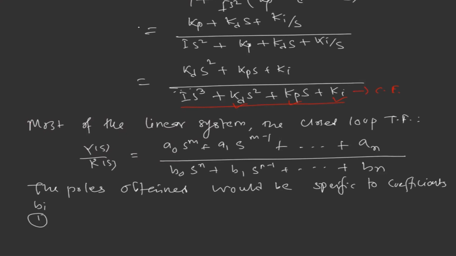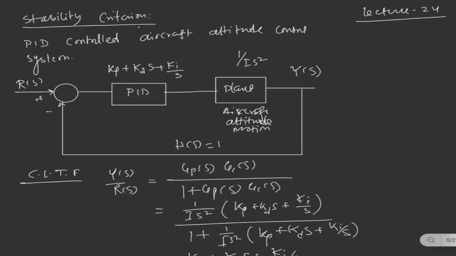The process we follow for that array is called the Routh stability criterion. From that array, we can come up with comments on whether the system is stable or not. So the way we solve in this approach is called the Routh stability criterion.